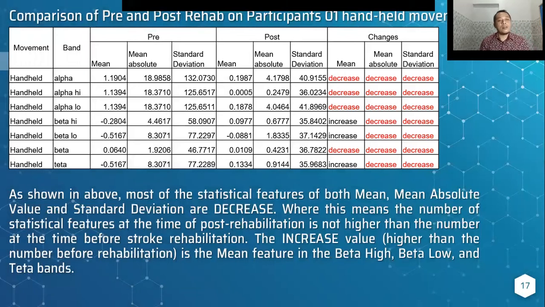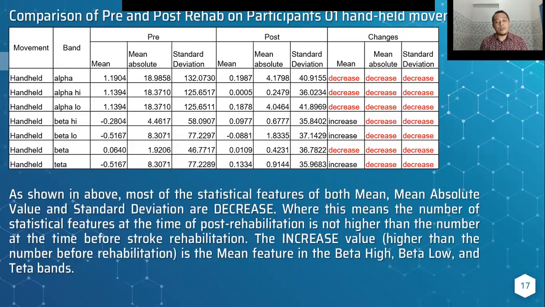This is a table of comparison of pre and post-rehab on participant 1 and handheld movement. As shown in the table, most of the statistical features, both mean absolute value and standard deviation, are decreased, which means the statistical features at the time of post-rehabilitation are not higher than before rehabilitation.